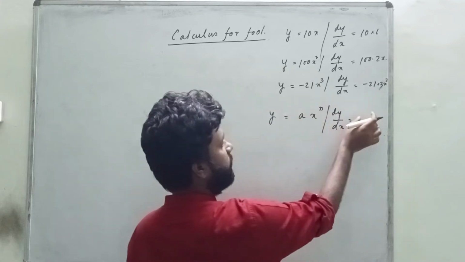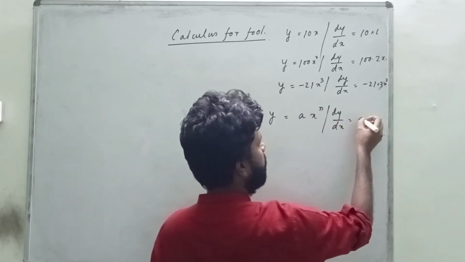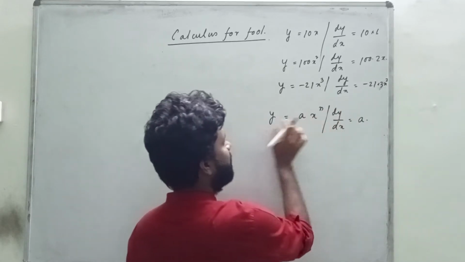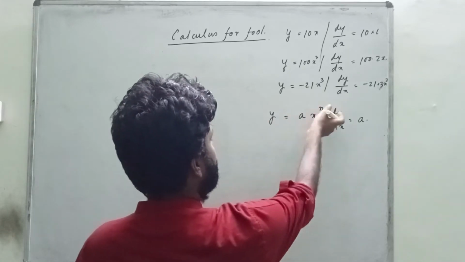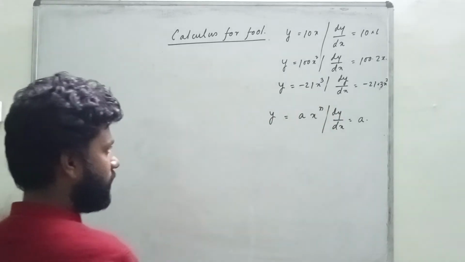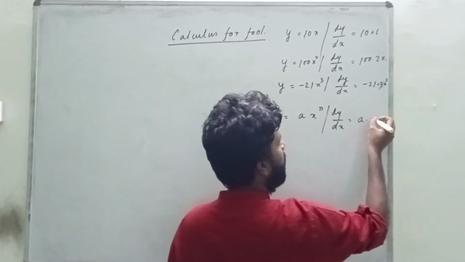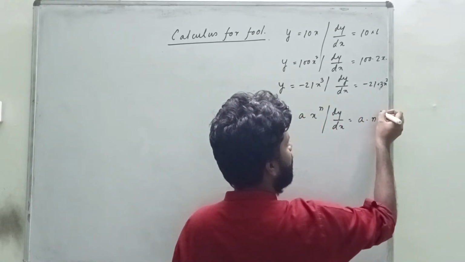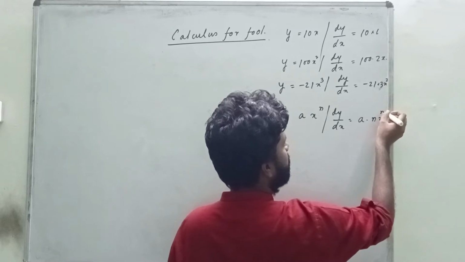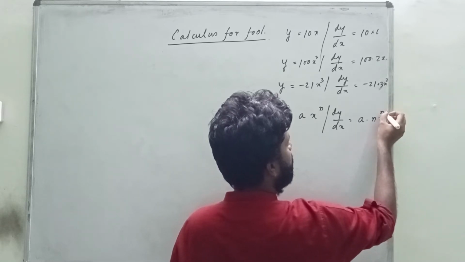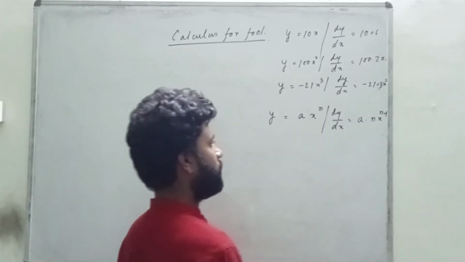The a remains constant, and if y is x to the power n, then dy over dx is simply n x power n minus 1.